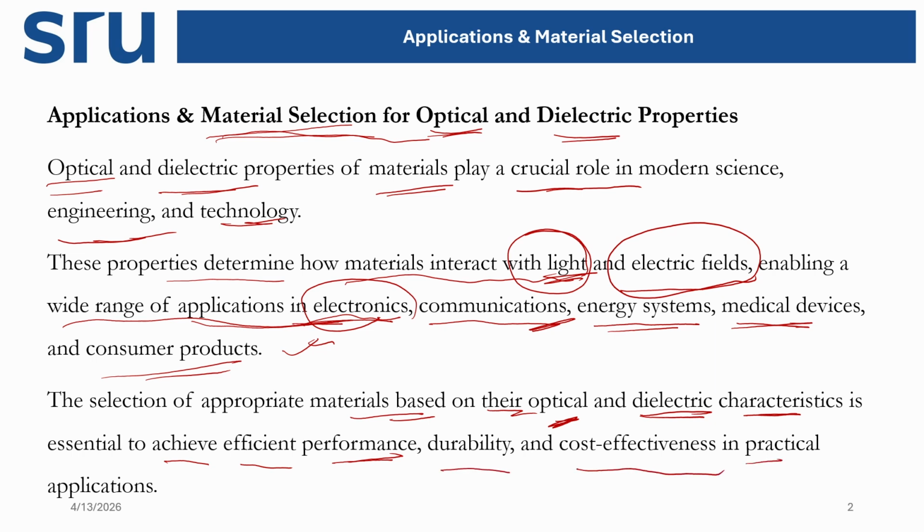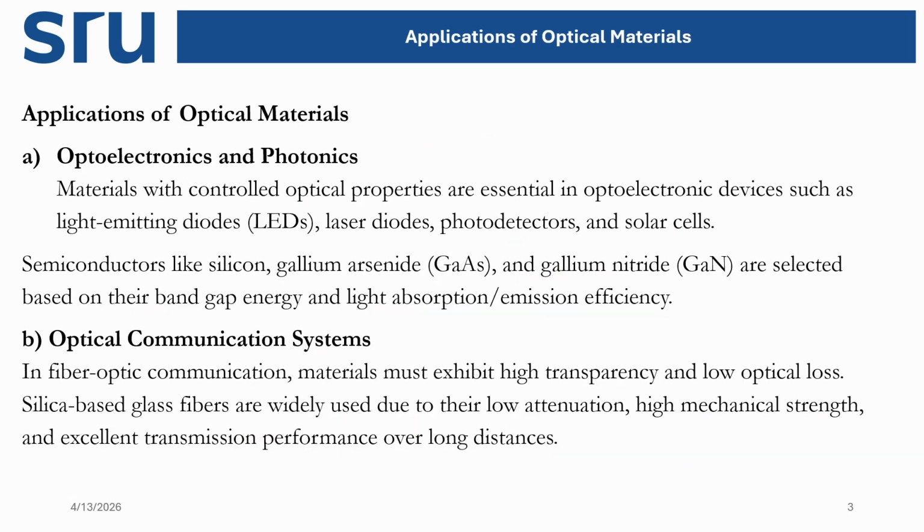After knowing the properties, we can select which is efficient, meaning the performance is very good, and also durable, how long we can use it, the long-lasting capability of the material, and cost effective, meaning how easily we can make it, so the processing cost will be less. We'll discuss this in these sections.